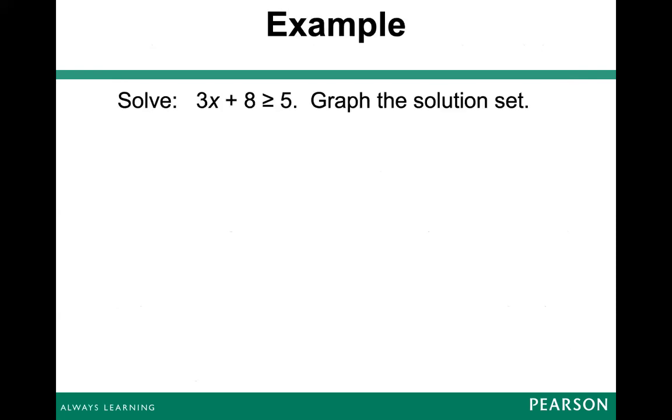All right, so our first real example is to solve the inequality 3x plus 8 is greater than or equal to 5, and we are going to graph the solution set. So let me go over to the tablet.